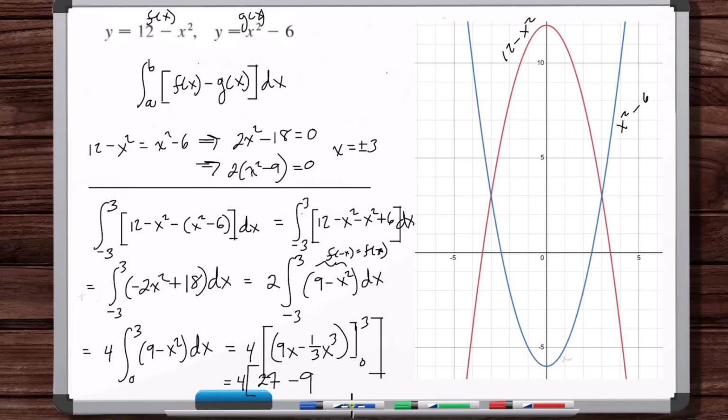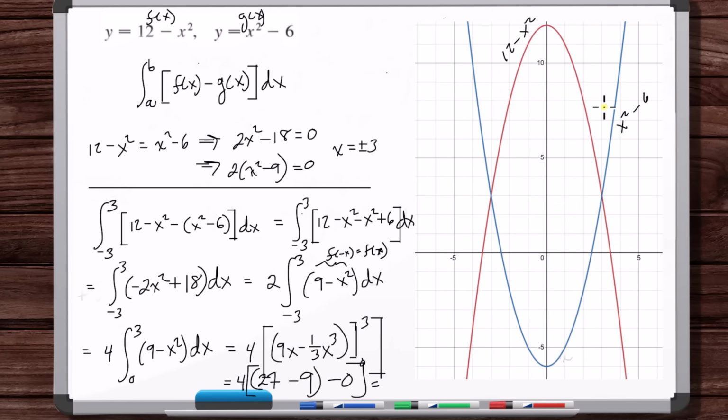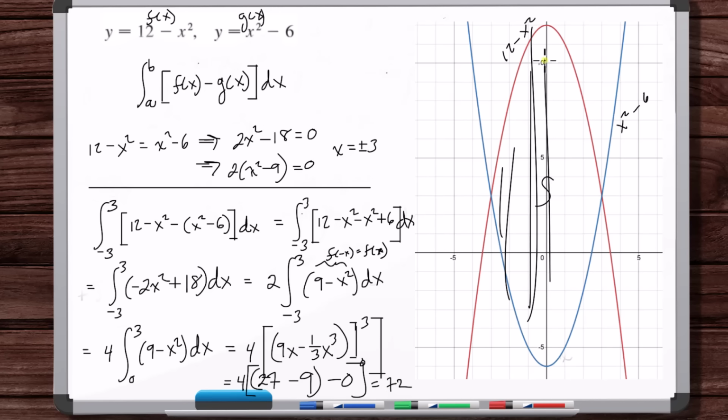So that's the first part, and then minus this evaluated at 0, it's just 0. So this is 18 times 4, 72. And there you go. This area, S, is 72.